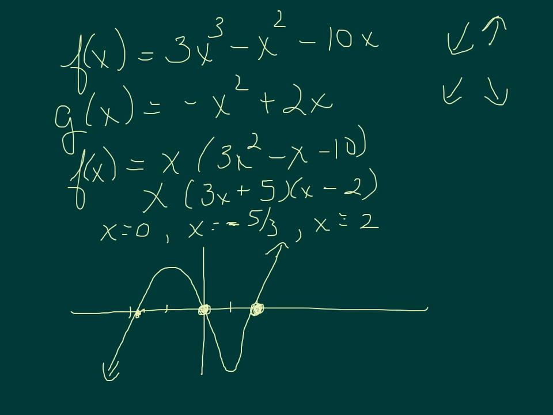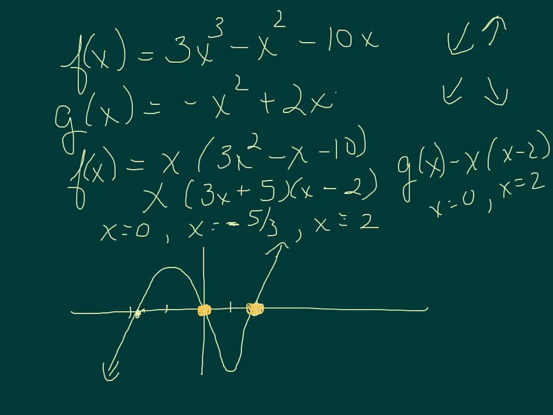Now the other one is a parabola. For g of x, I'm going to factor out a negative x, and we will have x minus 2. So x is 0, and x is 2. Those are the zeros for g of x.